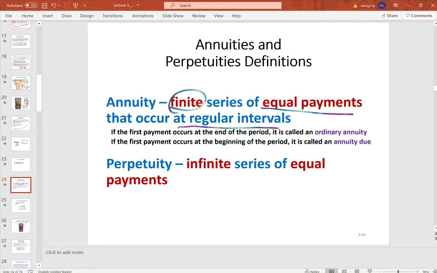Suppose your payments are made at the end of each period. It is called ordinary annuity. But if the payments are paid at the beginning of each period, it is called annuity due.